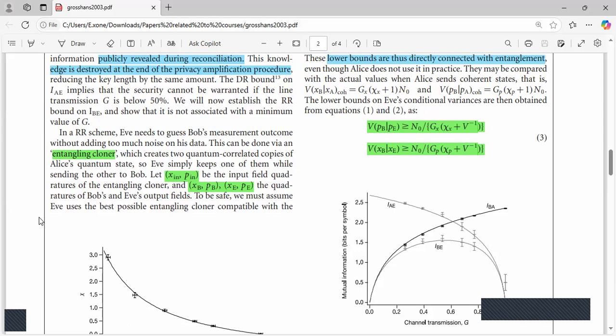In order to implement this attack, Eve has to place a beam splitter in the quantum channel, and she injects another beam into the beam splitter, and the input beam and the beam incoming from Alice give us two outputs from the beam splitter.